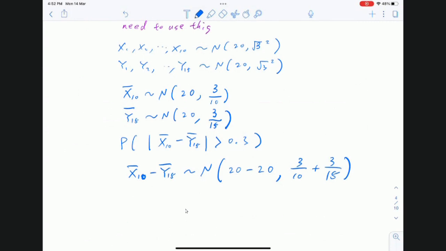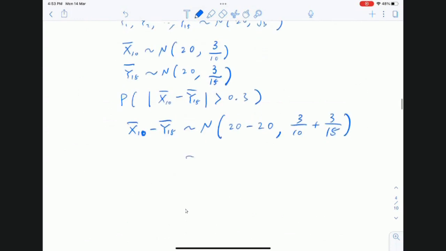Difference of the mean, but the variance is aggregated. So it will be normal with mean 0, and the variance, the sum of this, will become half.